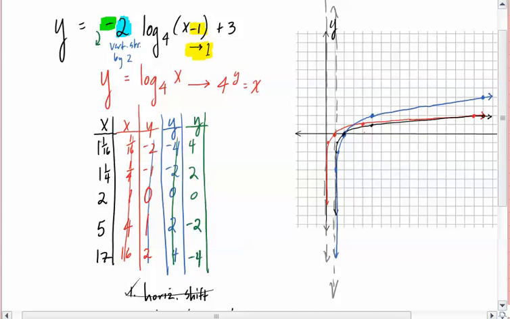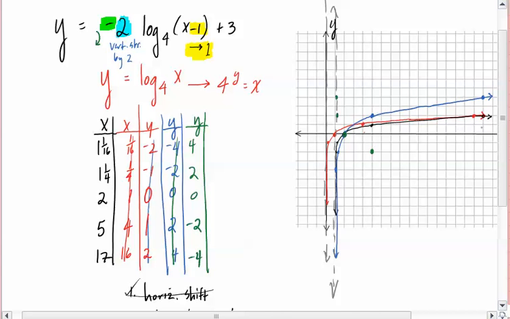So here we go. Let's go ahead and graph our points. 1 1/16 is now, instead of down 4, it's up 4. So over 1 1/16, up 4. 1, 2, 3, 4. There it is right there. Really close there. Over 1 1/4, excuse me, up 2. There it is there. Over 2, up or down 0. Again, nothing changed there. And over 5, 1, 2, 3, 4, 5, -2.